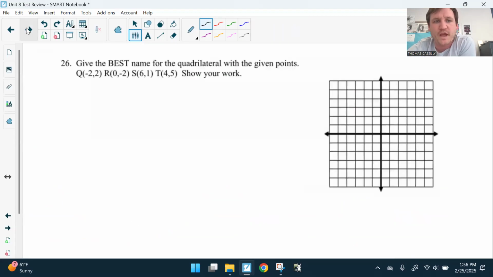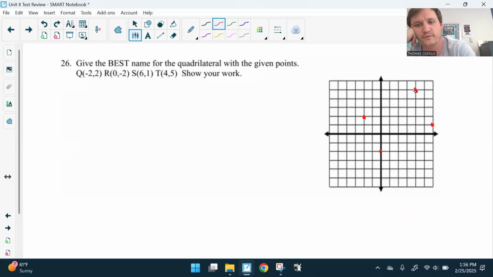I have a feeling this is going to be the same thing. Give the best name for this quadrilateral. Take 2. So you've got negative 2, 2. You've got 0, negative 2, 6, 1, and 4, 5.